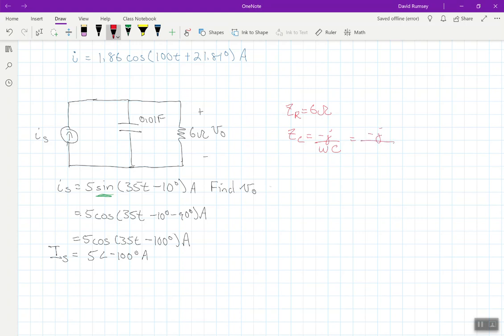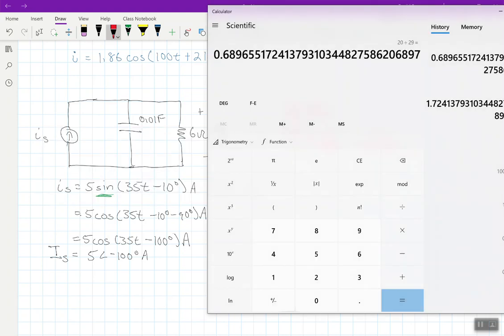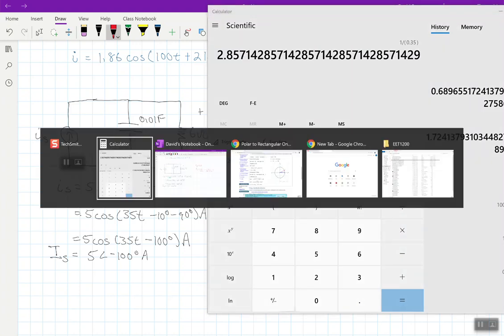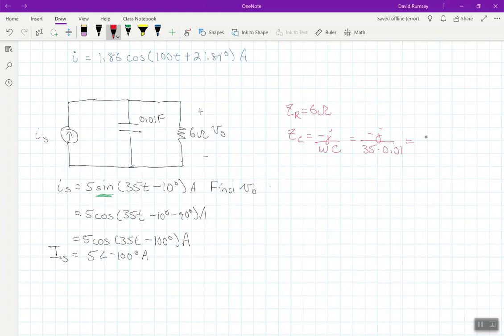That's 35 times 0.01, which, let me make sure I don't make a silly mistake on my calculator. And then do the reciprocal of that. And we'll round that to 2.86, minus J 2.86 ohms.